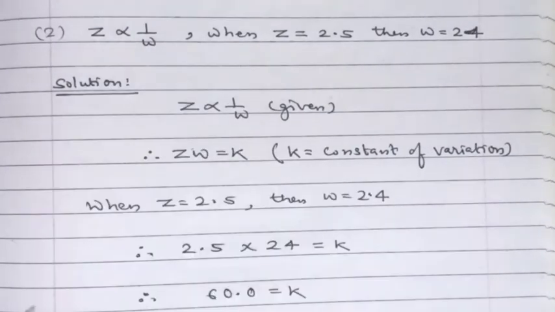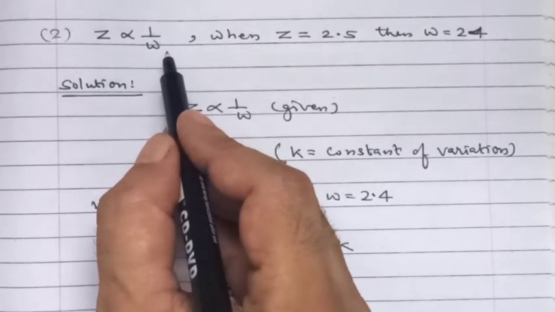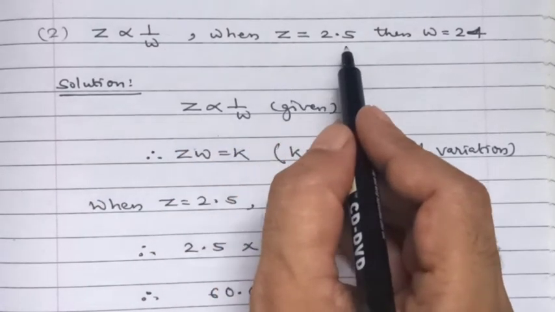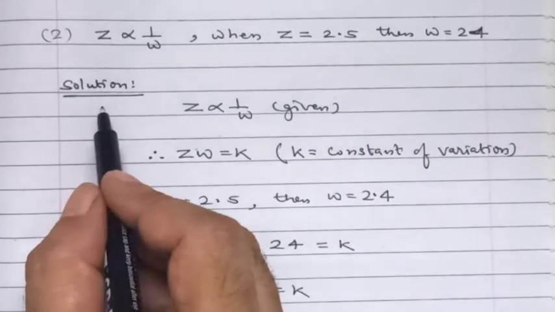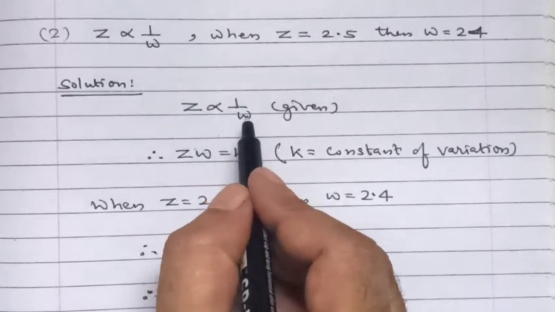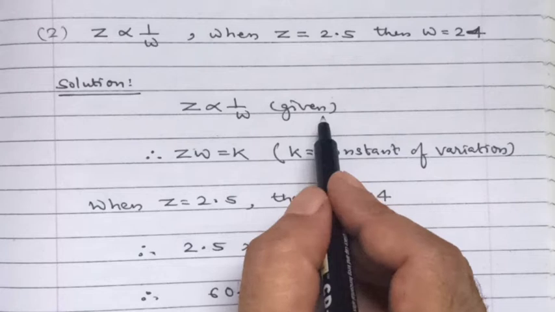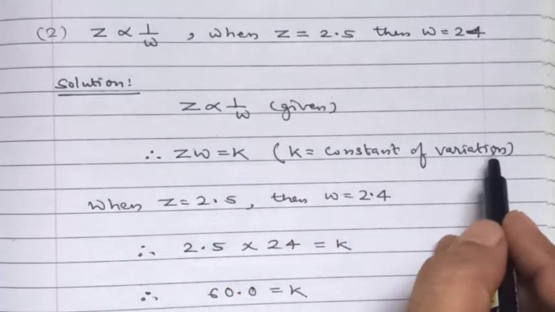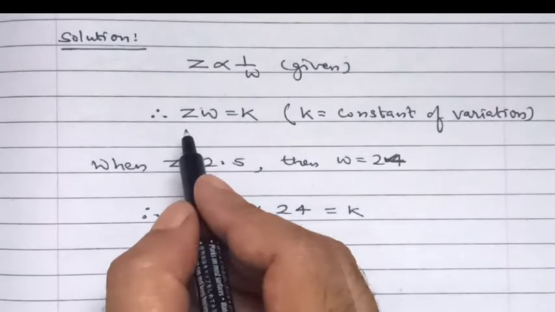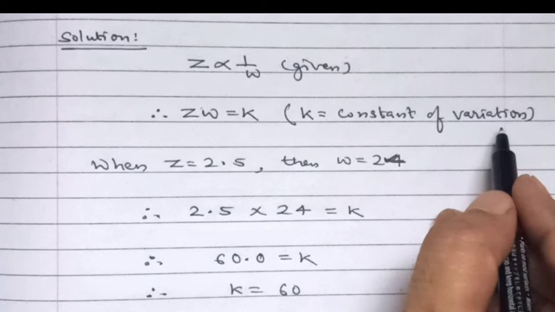Second question: Z is inversely proportional to W. When Z is equal to 2.5, then W is equal to 24. Solution. Z is proportional to 1 upon W, that is, Z is inversely proportional to W, as given. Therefore the product of Z and W is equal to K, where K is the constant of variation.